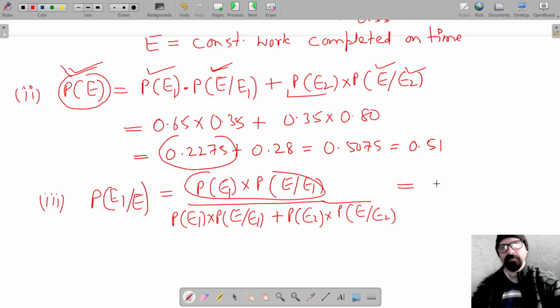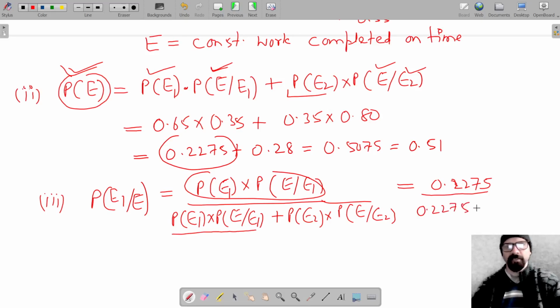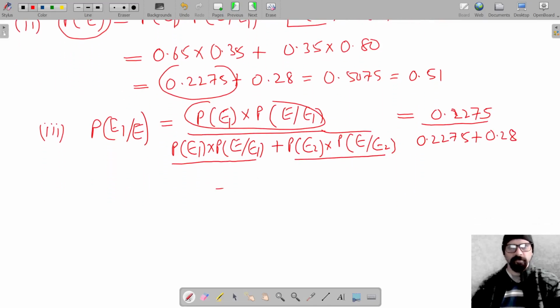So this is 0.2275 divided by probability of E1 into probability of E by E1, which is again 0.2275, plus probability of E2 into probability of E by E2, which is 0.28.